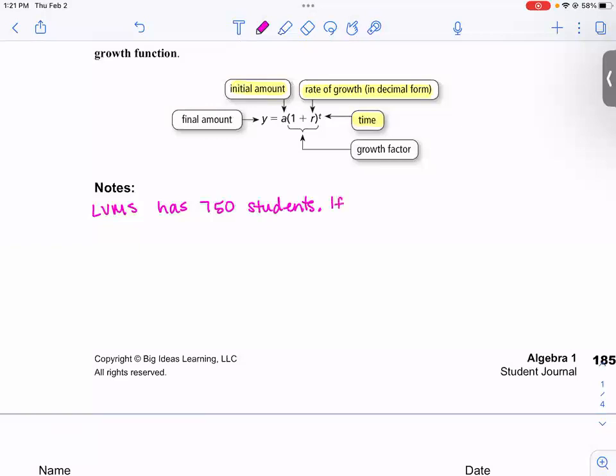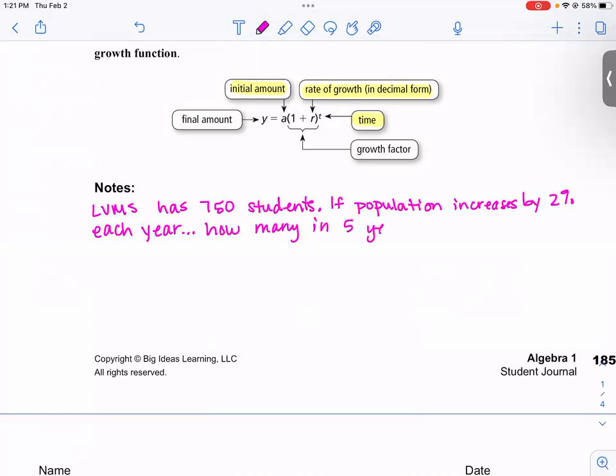If our population, and I'm talking about student population, increases by 2% each year, how many will we have in 5 years?